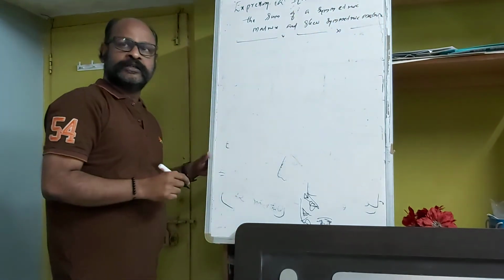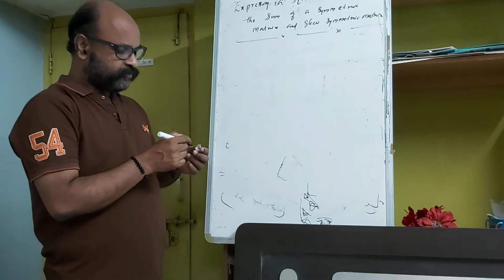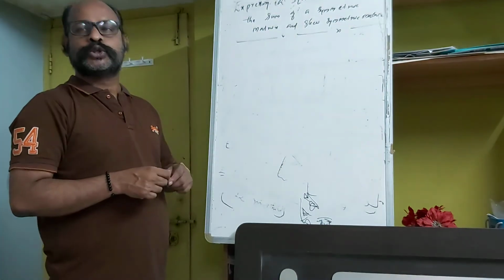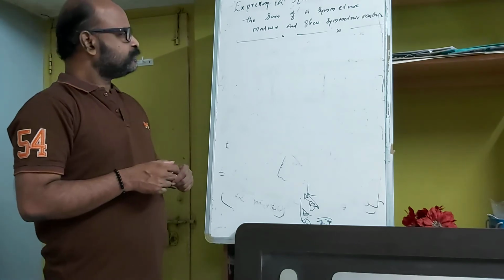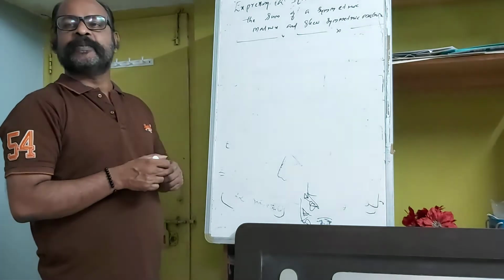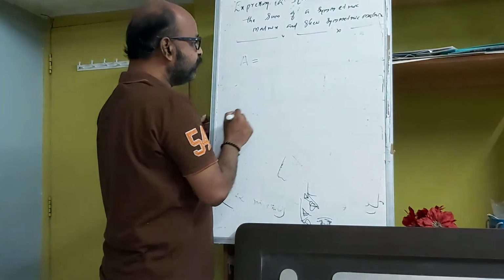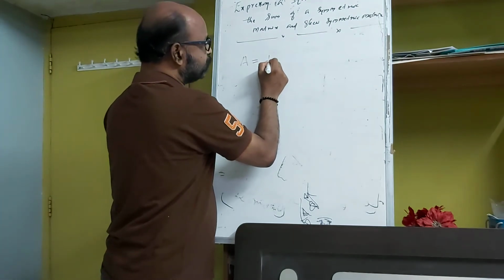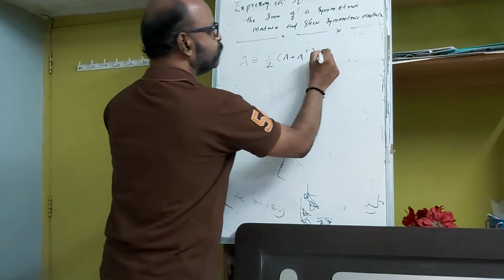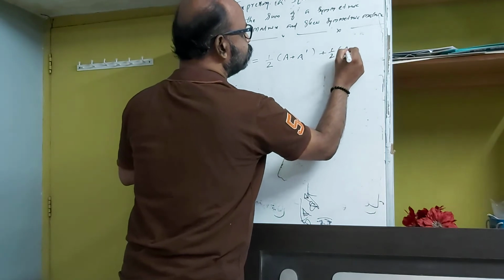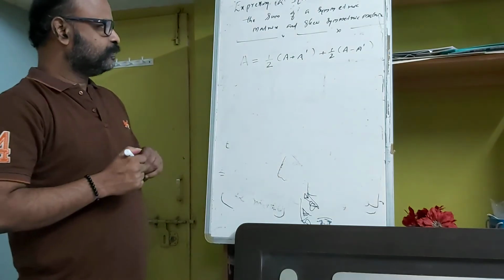What we are discussing is how to express a given square matrix as the sum of a symmetric matrix and a skew symmetric matrix. We discuss it with the help of a square matrix A. Suppose A is a square matrix. A can be written as half into (A plus A transpose) plus half into (A minus A transpose).